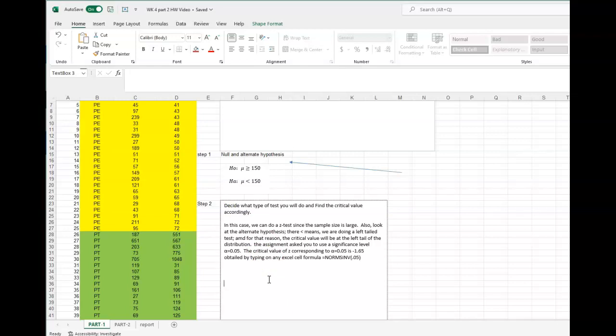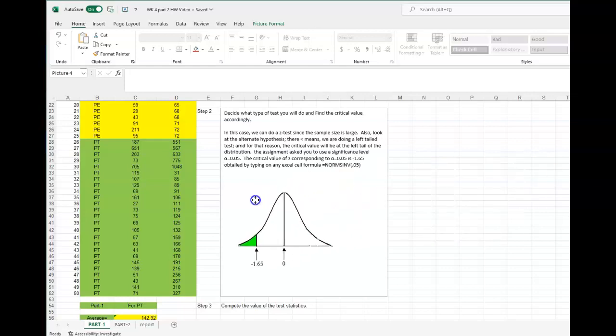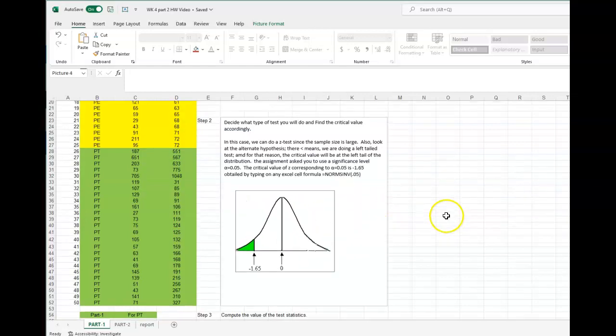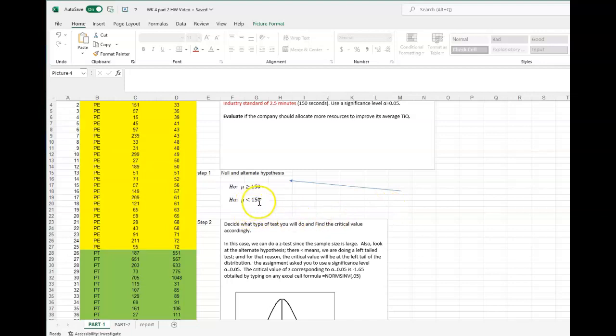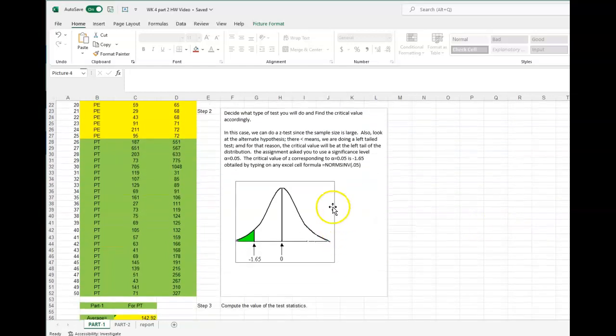And the critical value for the test is negative 1.65, because your alternate hypothesis is the left side. That's why your test is going to be a left-sided test. And the critical value you're going to get by using the formula NORM.S.INV 0.05.